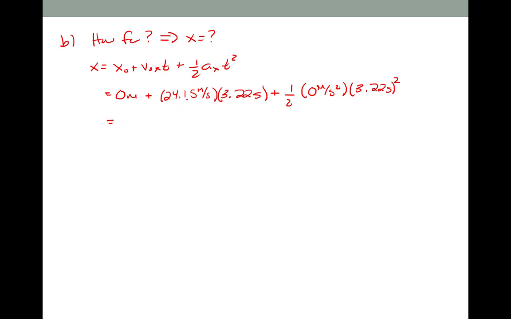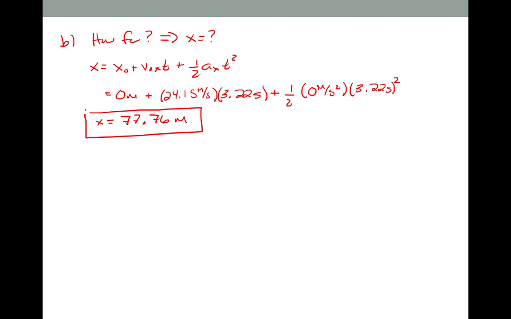If I take 24.15 meters per second and multiply by 3.22 seconds, I find that the ball lands 77.76 meters from the edge of the cliff.